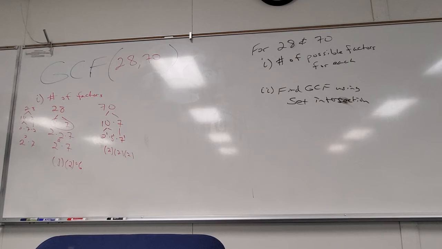Because if I have 2 2's, I could use both of them, I could use one of them, or I could use none of them. So I have 3 options: 3 options for the 2's, 2 options for the 7's, because I could use the 7 or not. So you always get one more option than the power shows, because your other option is to not use any of them.